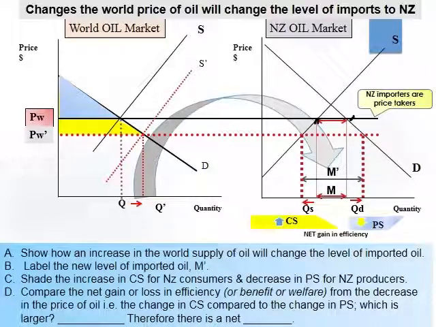They decrease quantity supplied because they're getting lower prices. But again, that's not a problem because New Zealand will buy the shortage from the world, represented by M dash. So that's the amount imported. The shortage equals the amount imported.